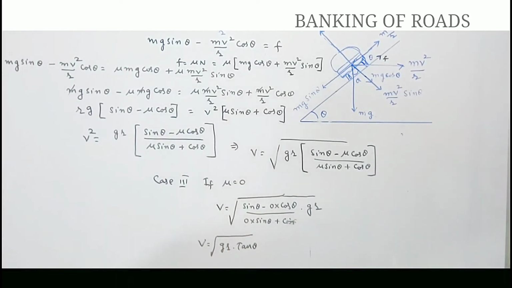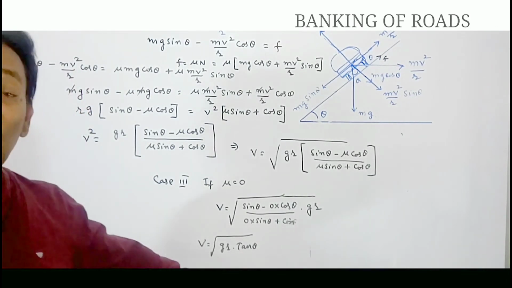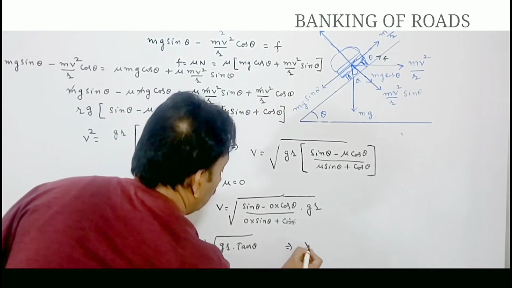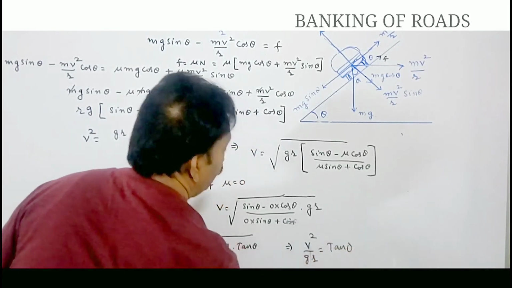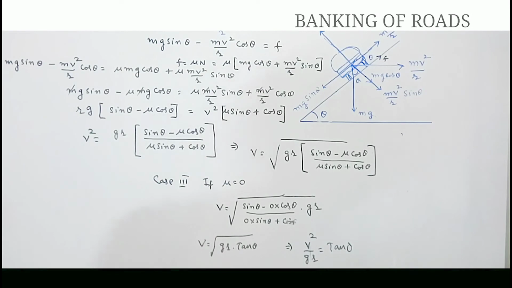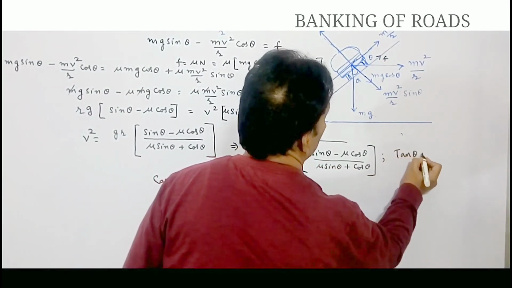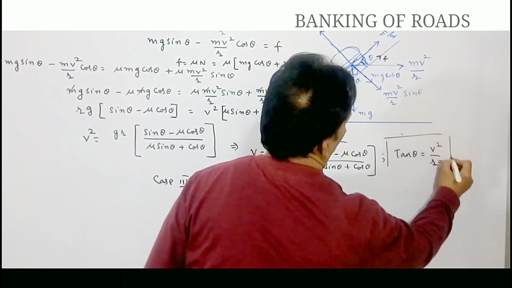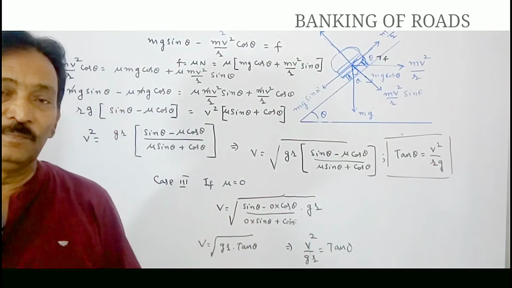Okay students, where theta is the angle of banking. Theta is equal to the angle of banking. Or simply, you can write V square by gr is equal to tan theta, and tan theta is equal to V square by rg, where theta is known as the angle of banking.